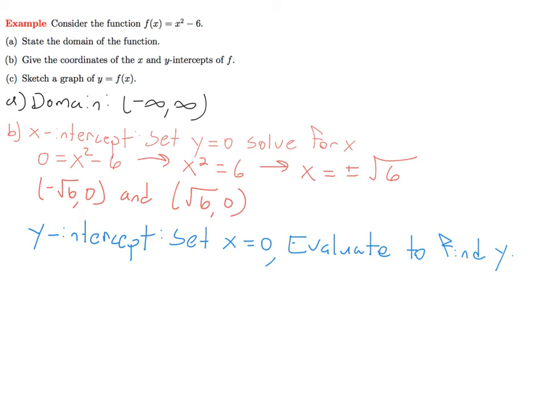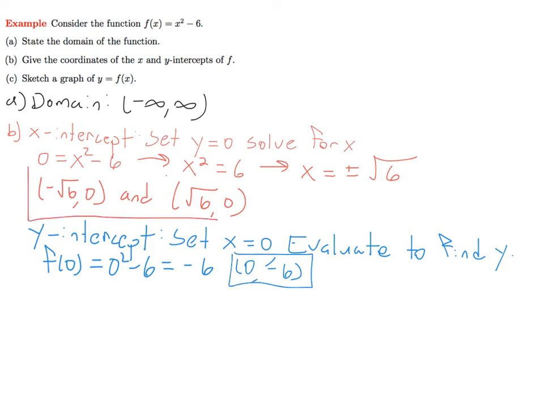So in this case, f of 0 gives us 0 squared minus 6, which is minus 6. So our y-intercept is located at 0, minus 6. So here's our y-intercept. These were our x-intercepts, and the domain was everything.